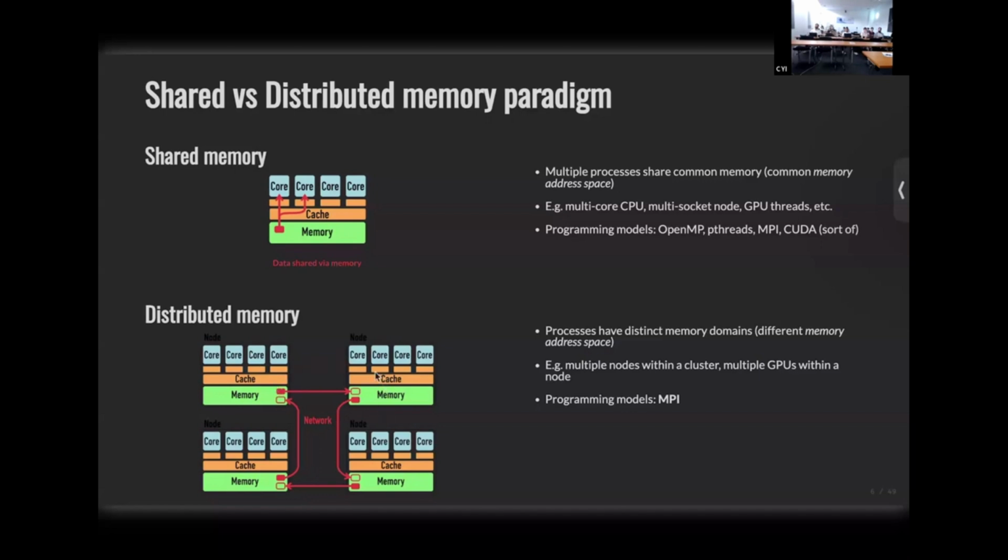So you need to do an explicit copy over some network, presumably. It doesn't have to be a network, but most of the time it's a network, so that the data that was held here ends up in this memory domain, so that this core can now access that same data that was on the other node. Okay, so this is what distributed memory means.